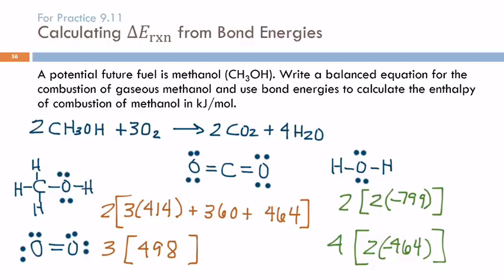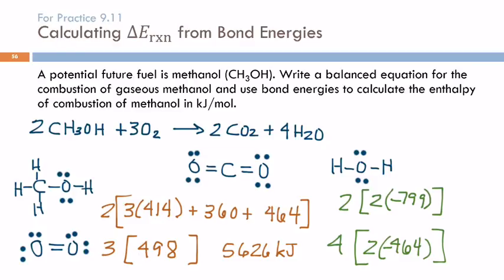And then I'm going to add 3 times 498. And just in case my calculator messes me up, because I forgot to bring my real one, over here now we have a total of 5,626 kilojoules.